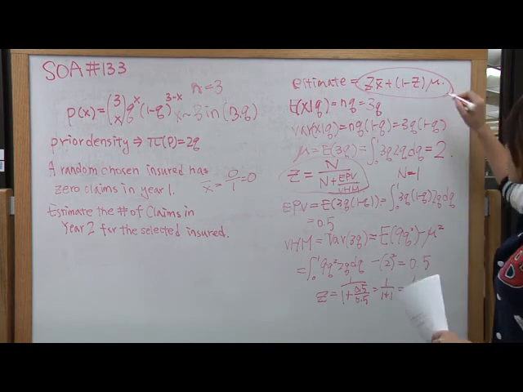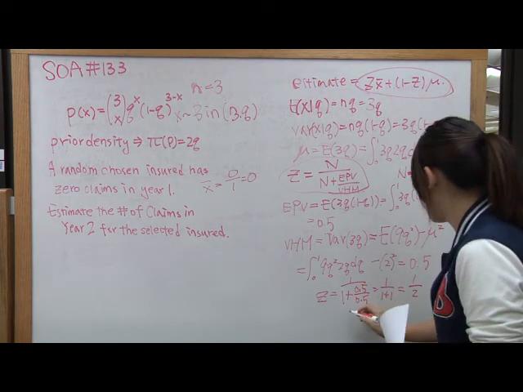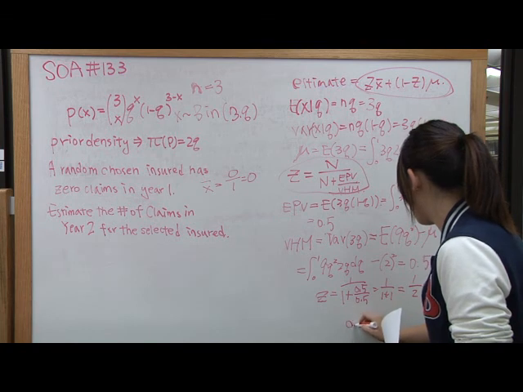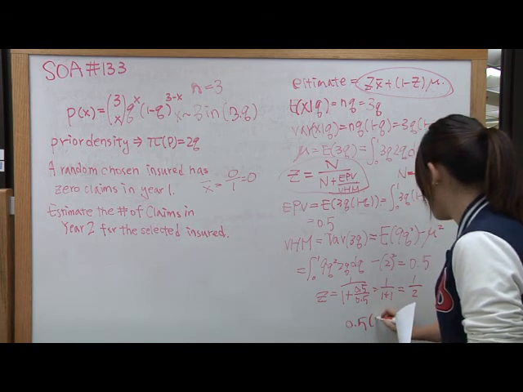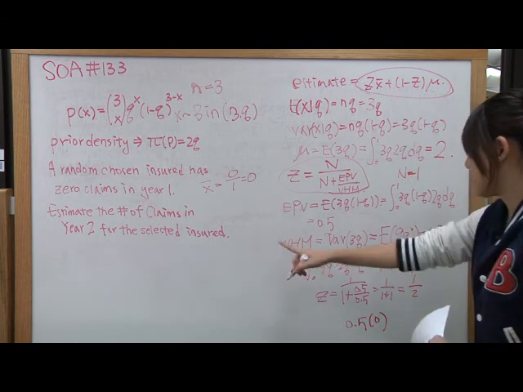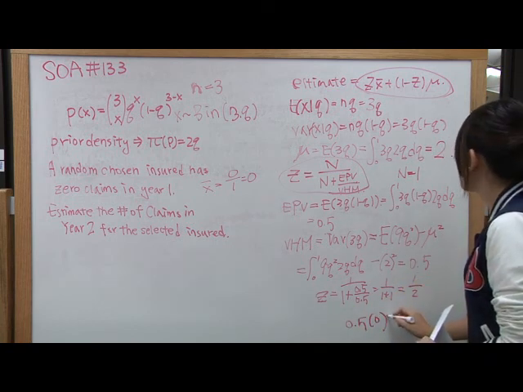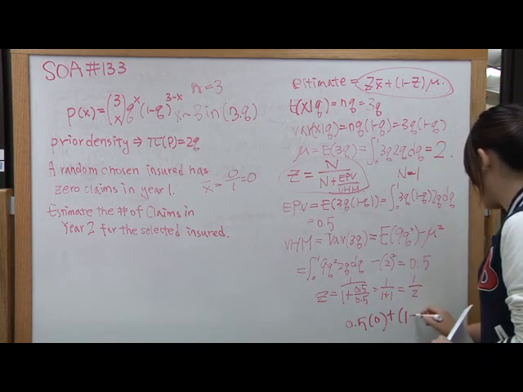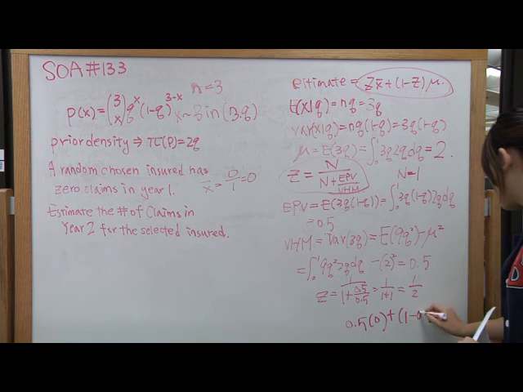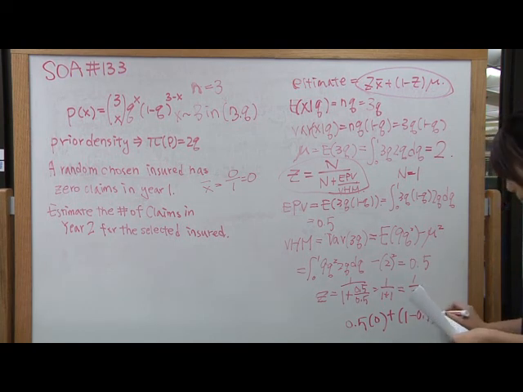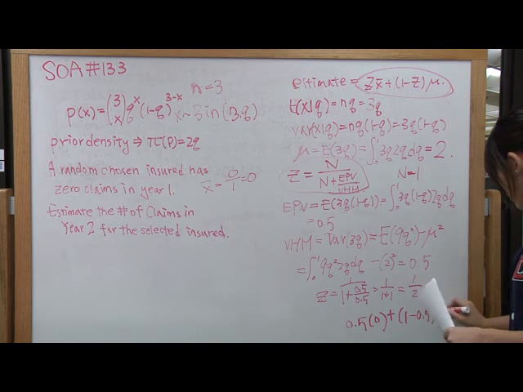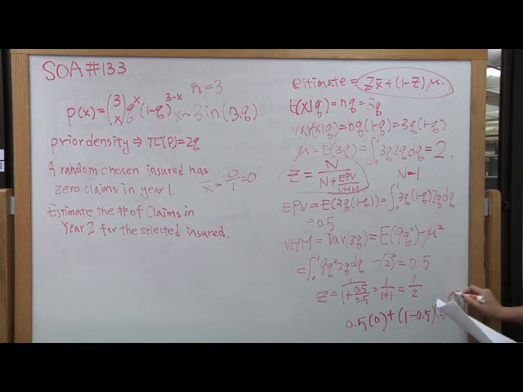Then plugging back to the final equation, which is 0.5 times x bar we got, which is 0, plus 1 minus z times mu, and you'll get 1, which is our final answer.